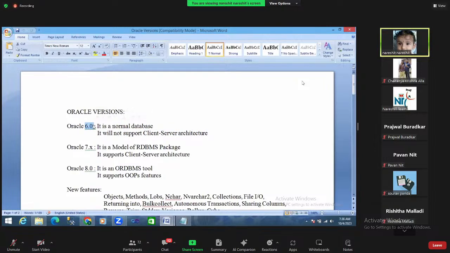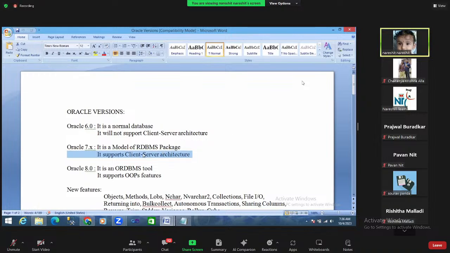Next one is the 7.x version. 7.x means 7.1, 7.2, 7.3, we have three versions. It is a model of RDBMS package. From Oracle 7.x onwards, client server architecture is supported.